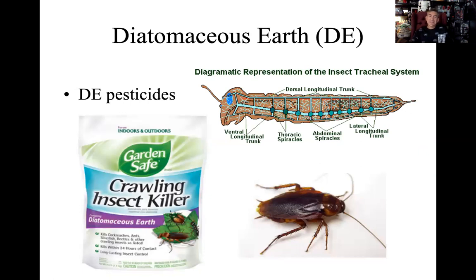DE, diatomaceous earth, can also be utilized as a sort of eco-friendly pesticide. Instead of killing bugs with these nasty organophosphate pesticides, we are looking now at sprinkling this diatomaceous earth powder, and that powder then clogs their airways.